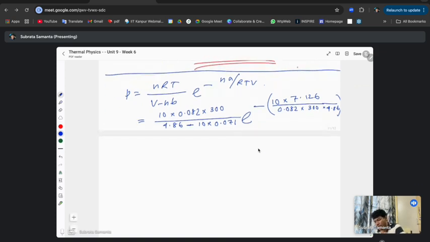So once you calculate this, it gives 32.66 atm.